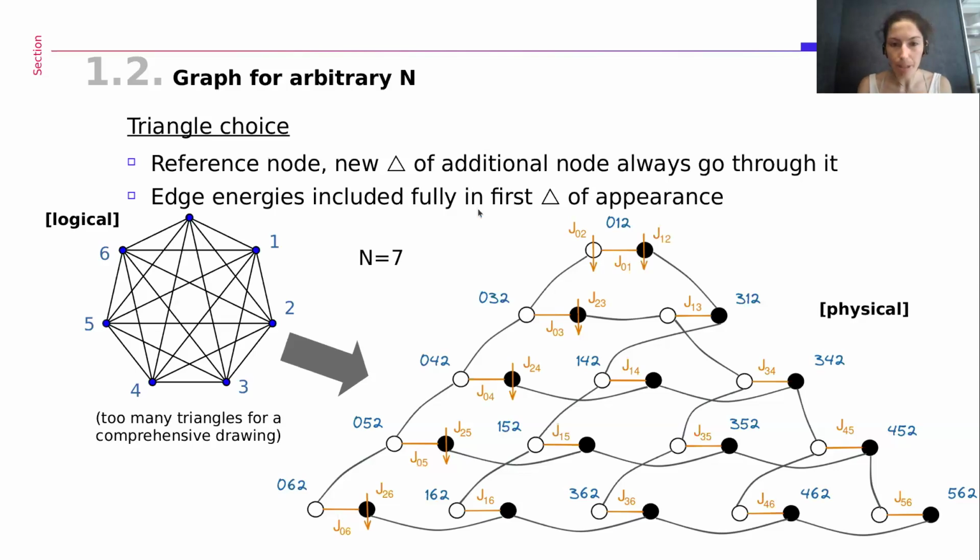then you end up with a nice structure like the one that you see here to the bottom right, where the triads of blue numbers refer to the triads of logical qubits that the closest physical qubits are describing. And the J's that you see here are just the ones that end up being here by this rule of including edge energies on the first triangle of appearance.